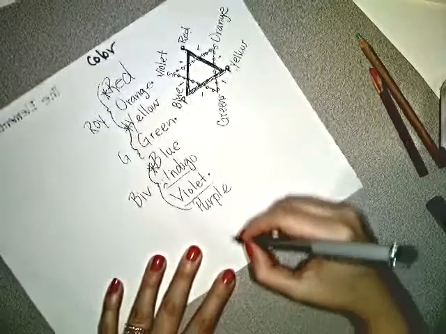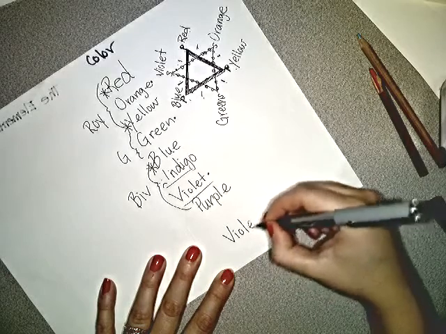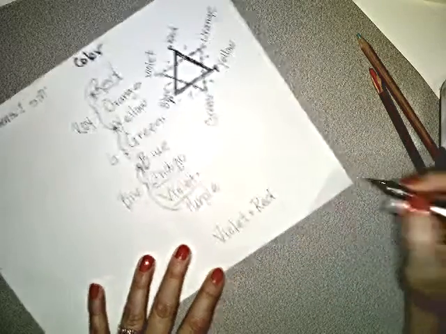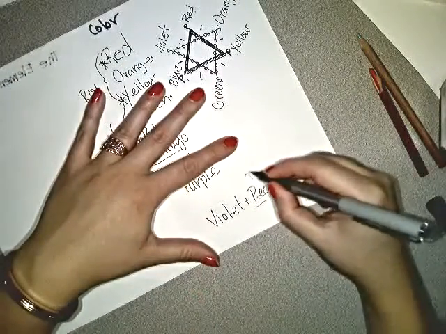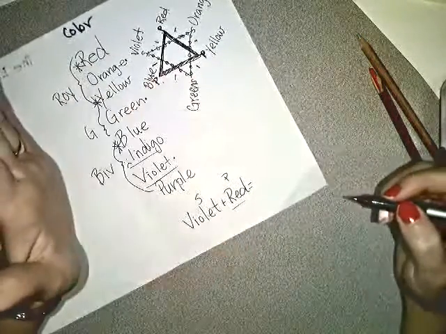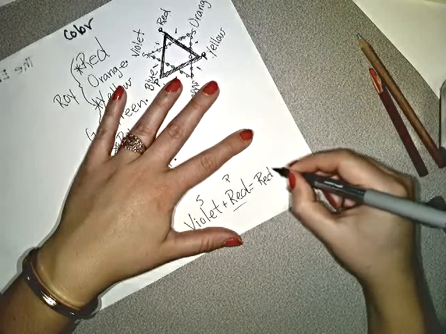So when I mix violet plus red together, that's what it is. But we always put the primary color in front of the secondary color. So it's okay if you say violet, red, but it's much easier, it rolls off the tongue, red, violet.